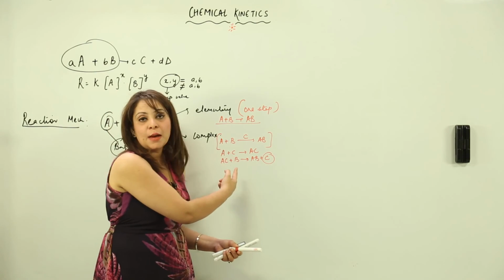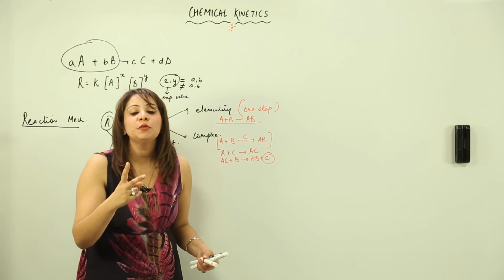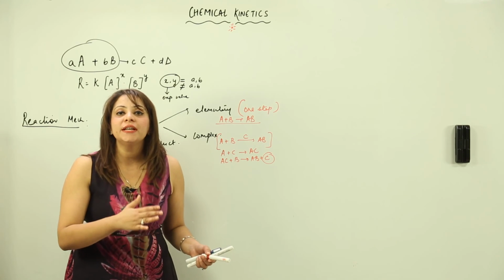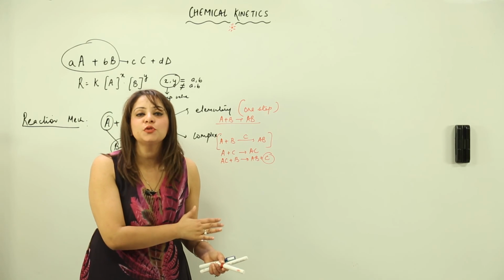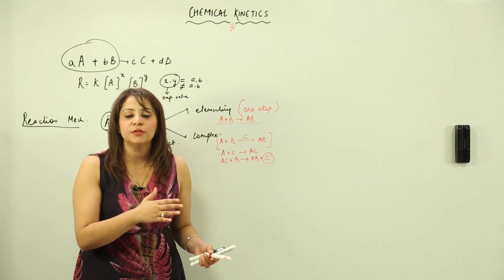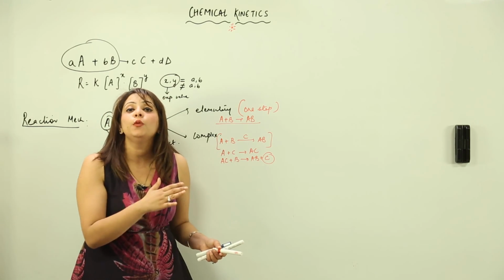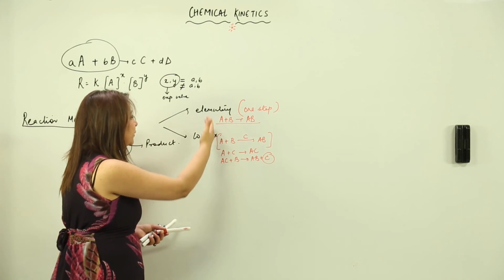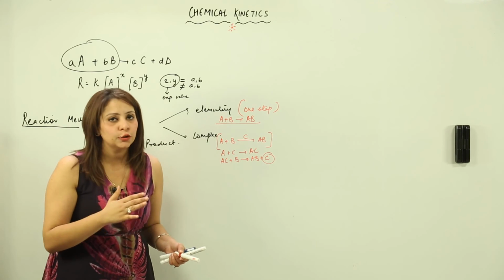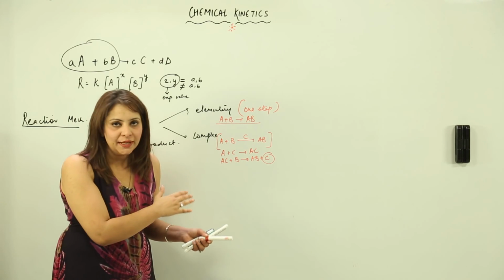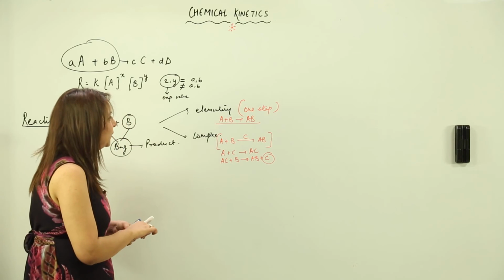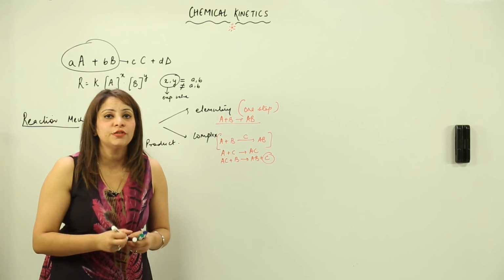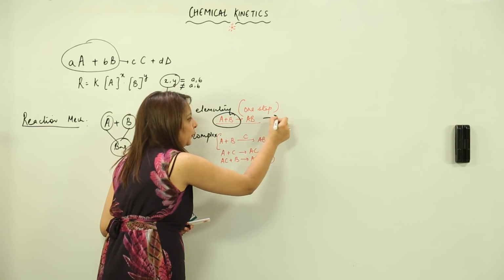So as in this example, it is occurring in two steps, which means we have two different kinds of reactions. One is the elementary reaction, in which the reaction occurs in one step, and the other is the complex reaction, in which the reaction occurs in multiple steps, right? So we have these two different kinds of reactions, elementary and complex. When we consider the elementary reaction, the total rate of the reaction depends upon this one step, right?